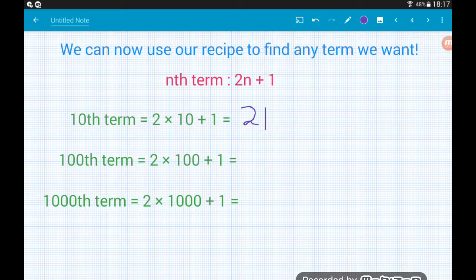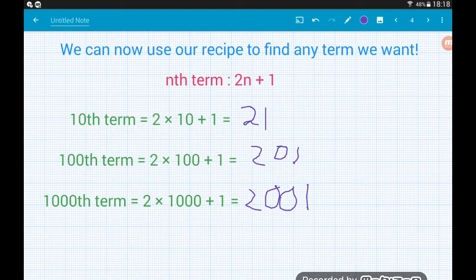So we get 2 times 100 plus 1, and that would give us 201. Then if we want the 1000th term, we just substitute n equals 1000 into the nth term rule. So we would get 2 times 1000, add 1, and that would give us 2001.